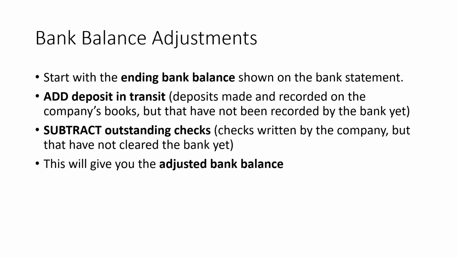In both of these instances, the deposits in transit and the outstanding checks, these are things that haven't hit the bank account yet, but the company has already recorded on their books. So if you're adjusting the bank balance, you add in any deposits that haven't hit the bank yet and subtract out any checks that have been written but haven't cleared the bank yet. That gives you your adjusted bank balance.